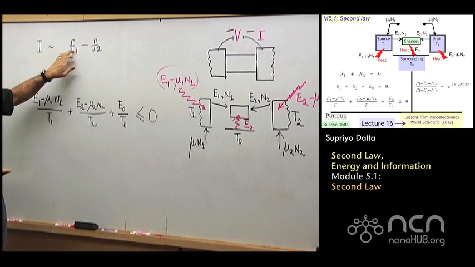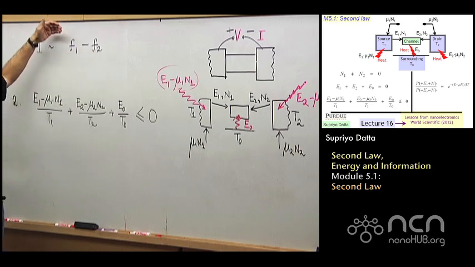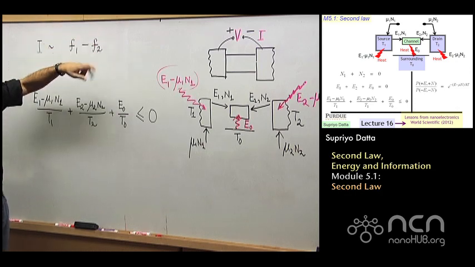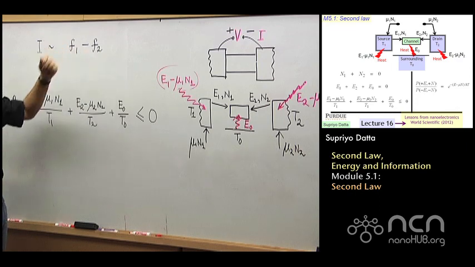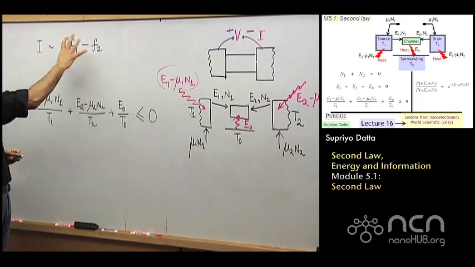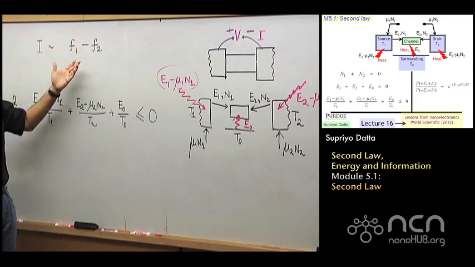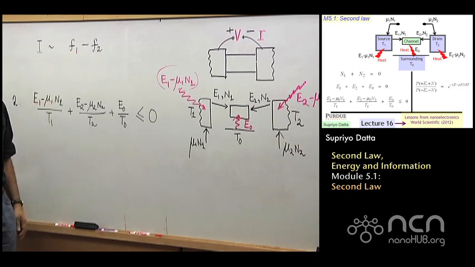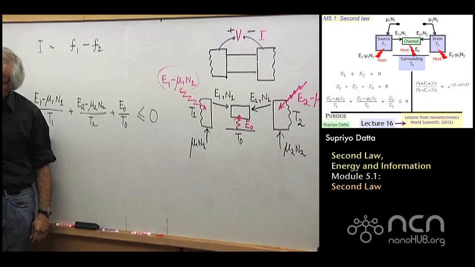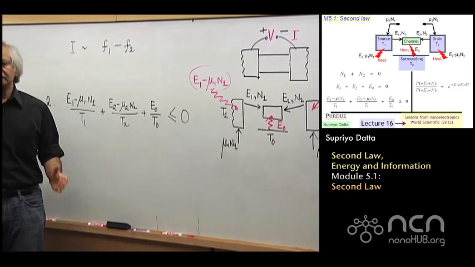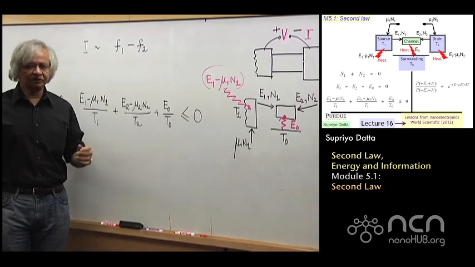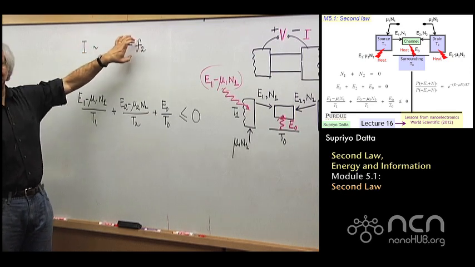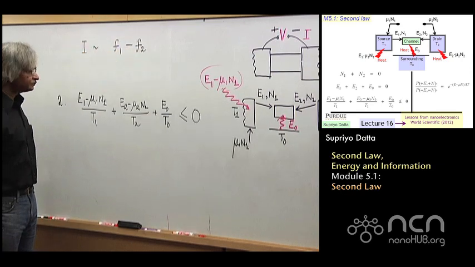So if F1 is greater than F2, then electrons will flow from 1 to 2, and if F1 is less than F2, they will flow the other way. That's the basic relation we have obtained for elastic resistors. You can get this from very simple arguments, as we did in part 1, or even when you do quantum transport, current was still proportional to F1 minus F2.